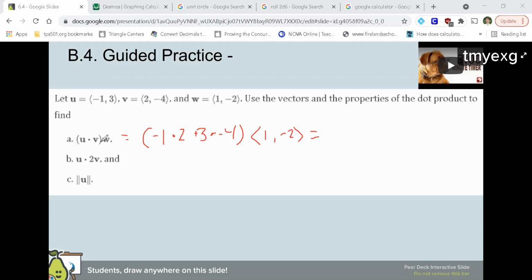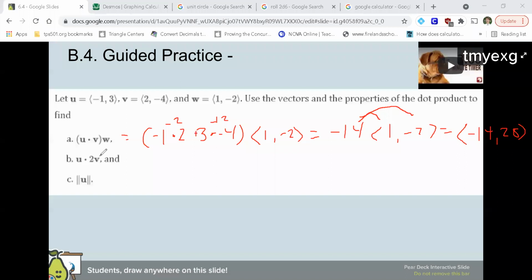It's -2, minus 12, which is -14. So we get this. And then you multiply by the 1 minus, 1 and -2. So you get -14 and 20. Perfect. Good job.